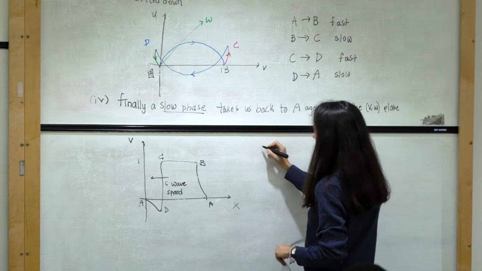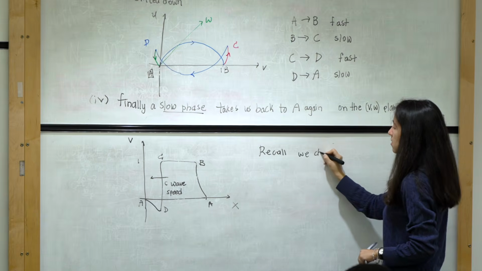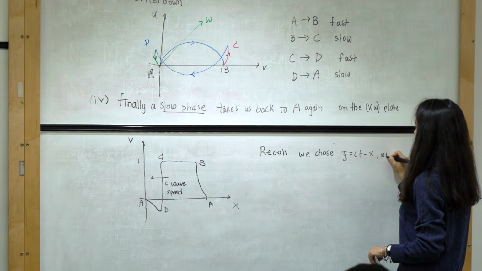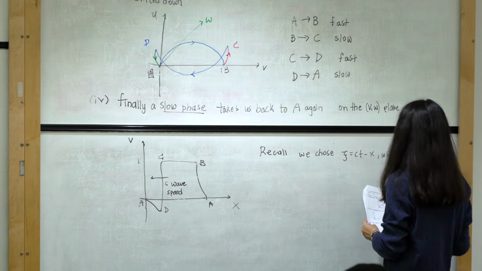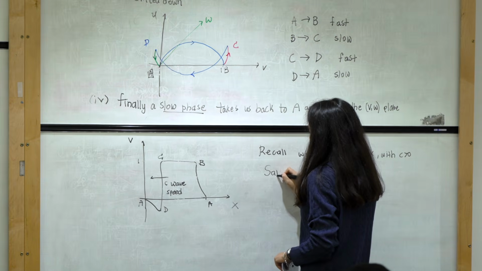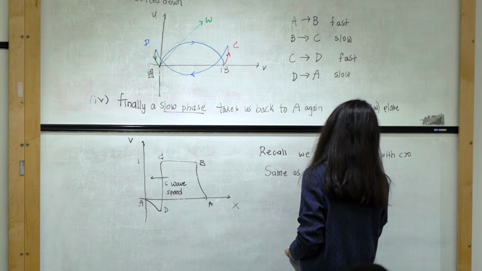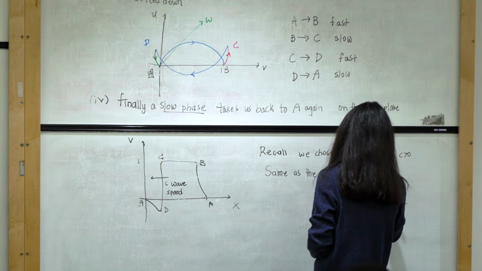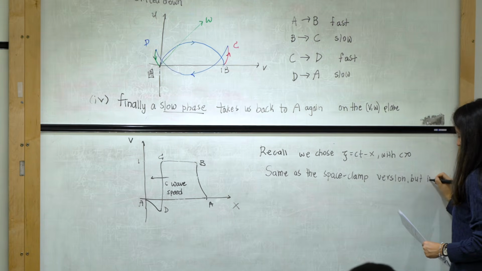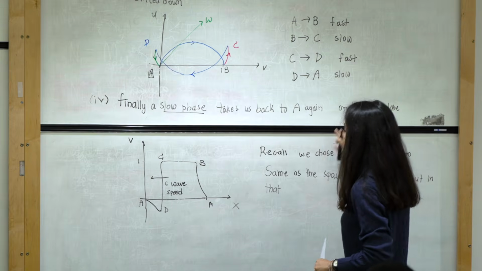Recall here, if you are wondering why it's moving in that direction, we chose the variable xi equal to ct minus x with c greater than 0. This is exactly the same as the space clamp version, but in this case we didn't have a spatial wave.